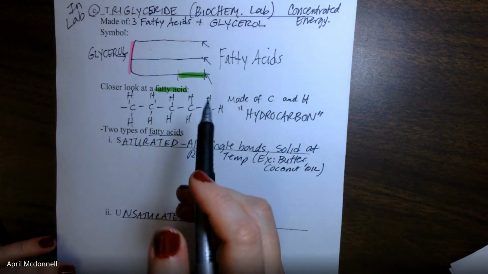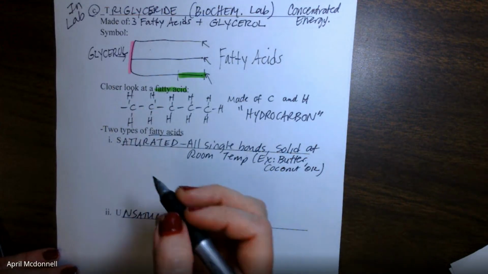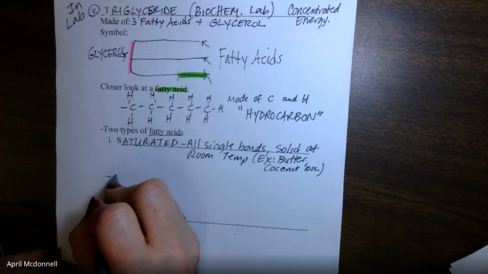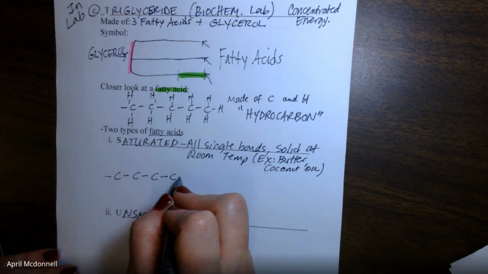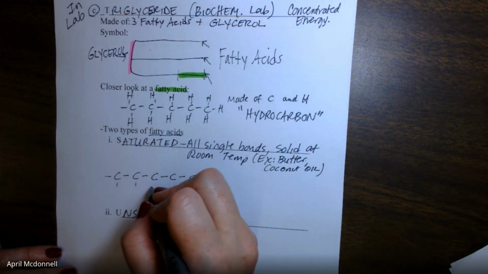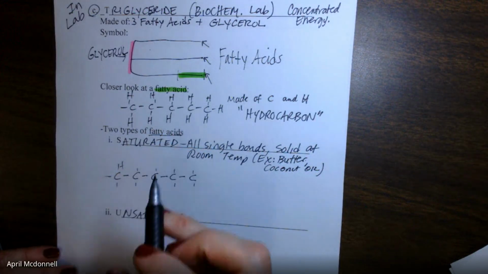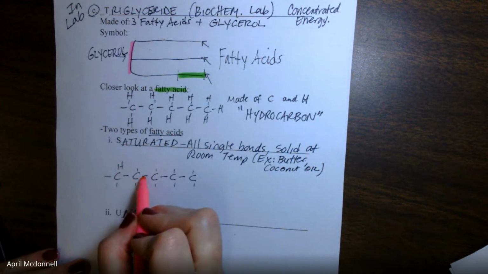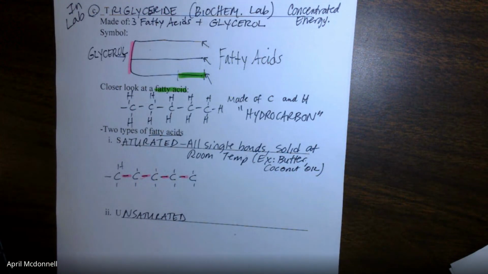Let's draw a portion of a saturated fatty acid tail. So the saturated fatty acid tail is going to be made, again, just like a fatty acid, a chain of carbons that is going to have all single bonds between the carbon atoms.